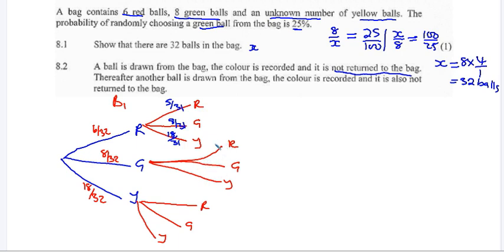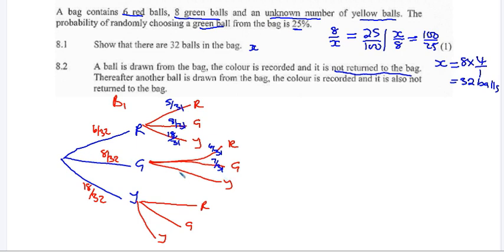For the red one, we picked a green one, so we are still having 6, but it is now out of 31. So this is 6 over 31. And then the first time we picked a green one, it was 8. We did not return that green one, so we are left with 7, but it's now 7 out of 31.